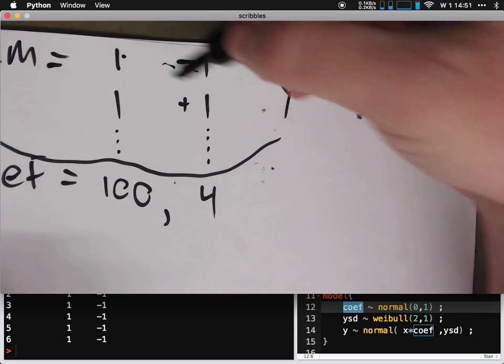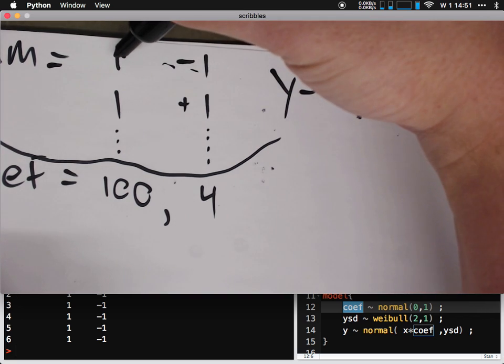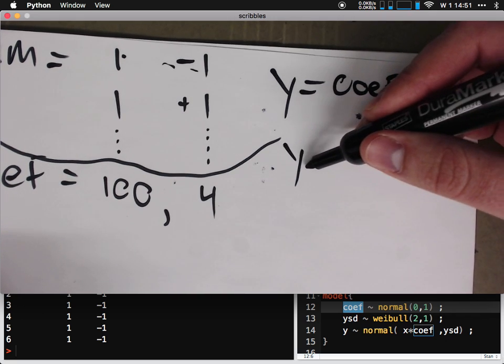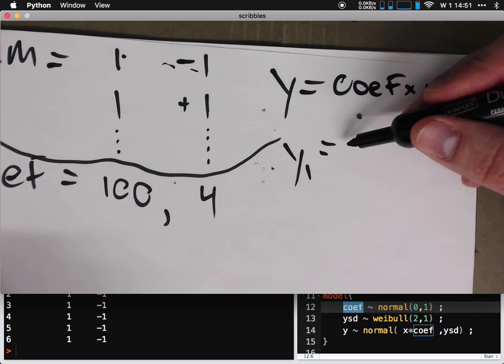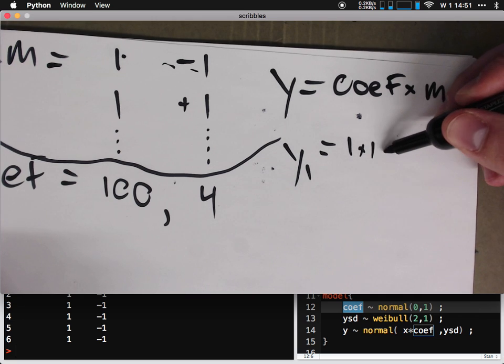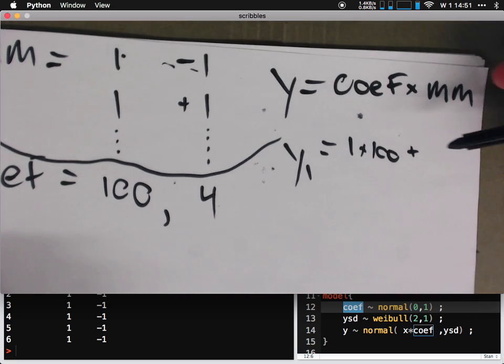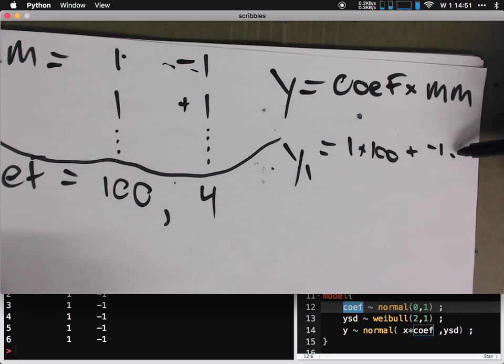So for the first row, y row 1 is going to be 1 times 100 plus -1 times 4.